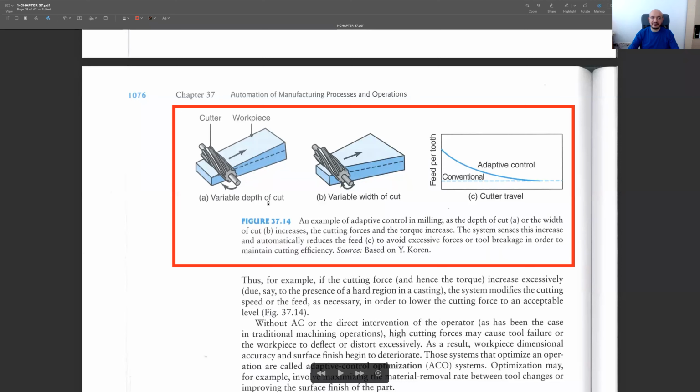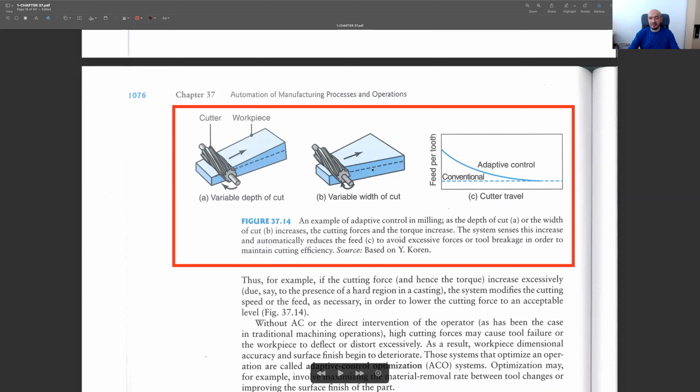Variable depth of cut. If you go at the same speed, once you come to these regions, especially thicker regions, your cutting tool will have difficulties in removing material. But if you decrease the speed, then it will be much easier for your tool to remove the same amount of material. So if it's an adaptive control, then you should change the speed of your cutting tool according to the thickness of this part.